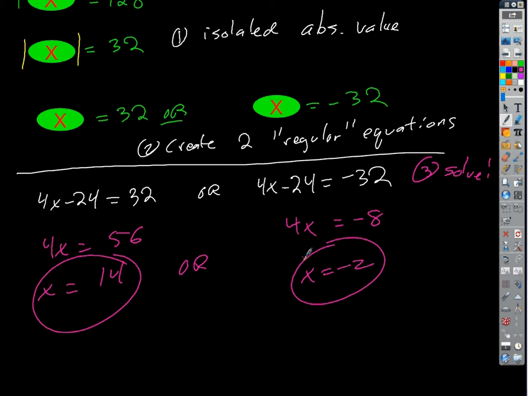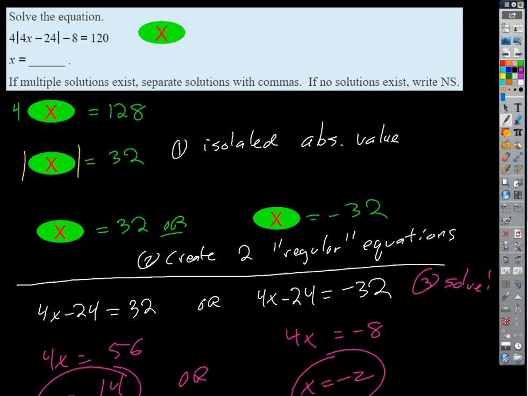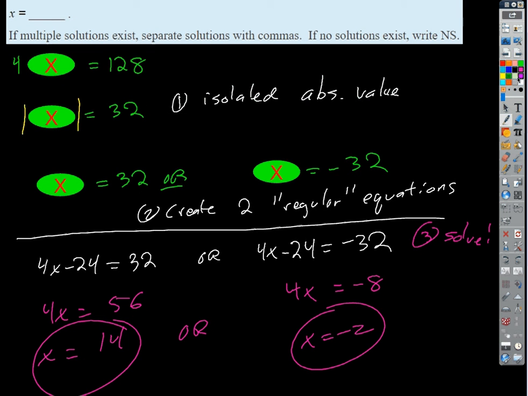Now this time if we look at Moodle, look what it's asking us to do. It says if multiple solutions exist, which they do, separate the solutions with commas. So if this is my answer box in Moodle, right here, what am I going to input? 14, negative 2. Okay, so this time it'd be a 14, comma, negative 2, but no parentheses, because it's not an ordered pair.